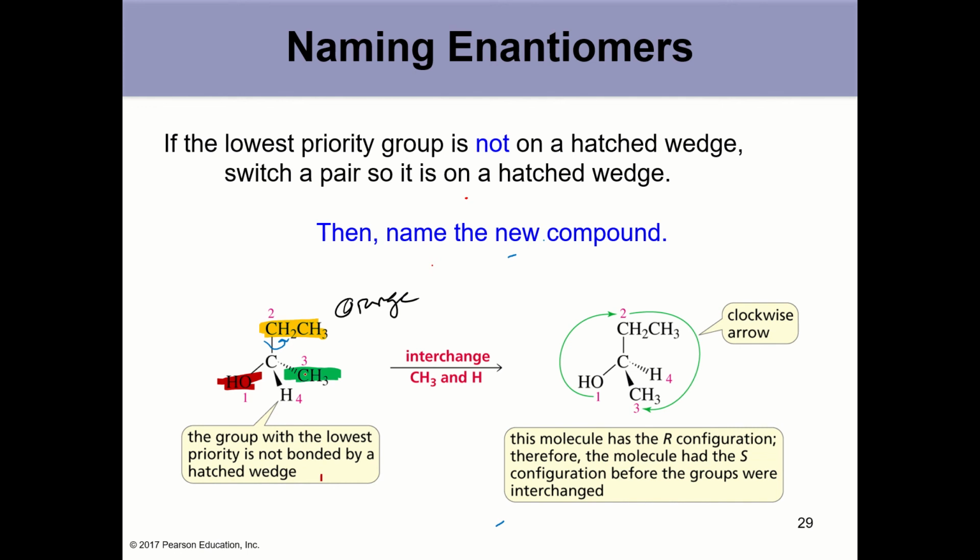So we're going to interchange the group 3 labeled methyl and the group 4 labeled hydrogen. Then we determine the configuration. But because we switched two groups, the configuration we determine is opposite of the original molecule. That will be shown on the next page.